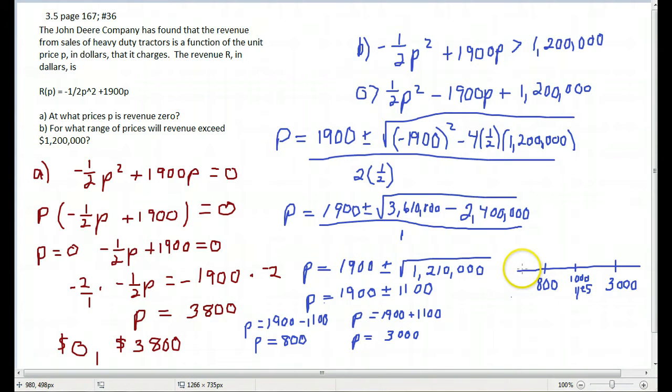Now, if I want to make sure nothing on the outside works, I could try something like 0. That would be an easy one. So we'd have 0 here, 0 here. Is 0 greater than 1,200,000? No way. See how I said it will either work in between them or outside of them. Since this one does not work, we do not need to try a number larger than 3,000. But if I had my doubts, I would try another number that's larger than 3,000.